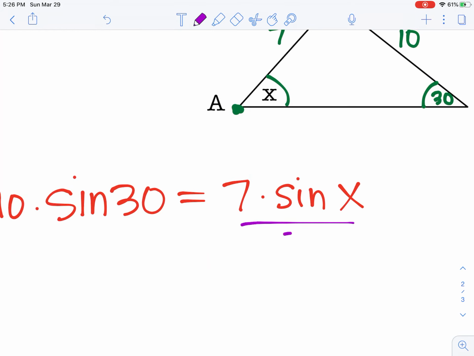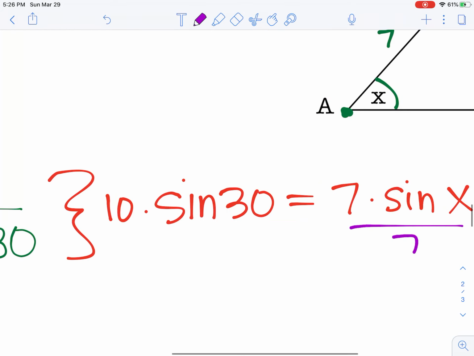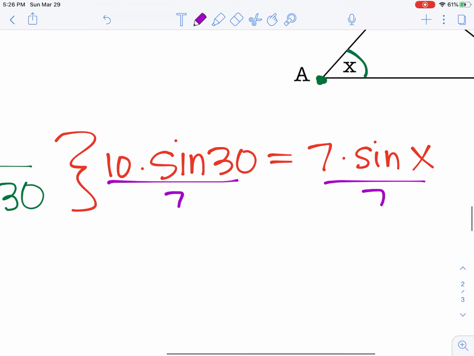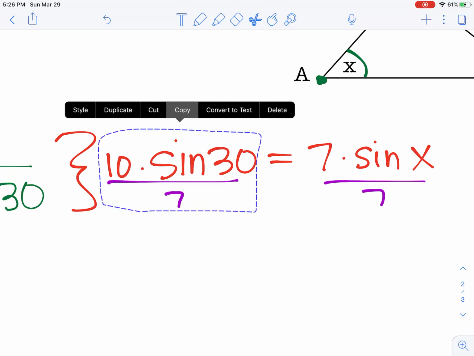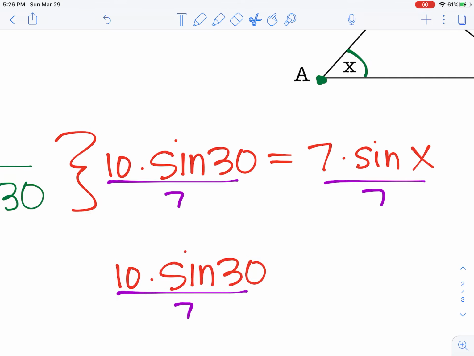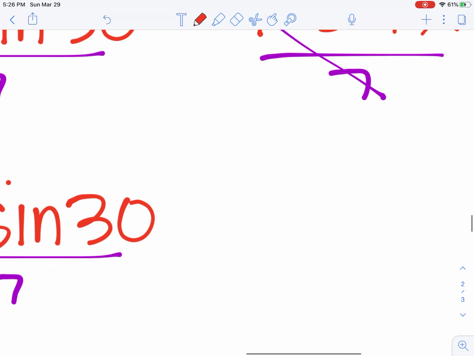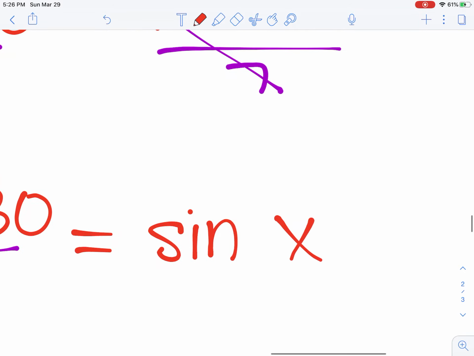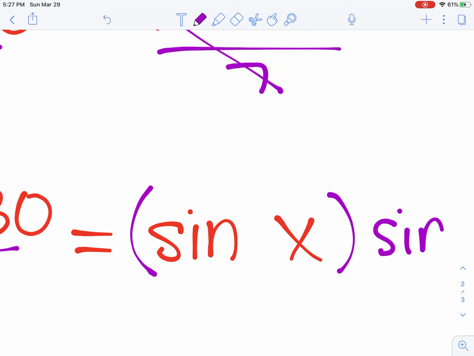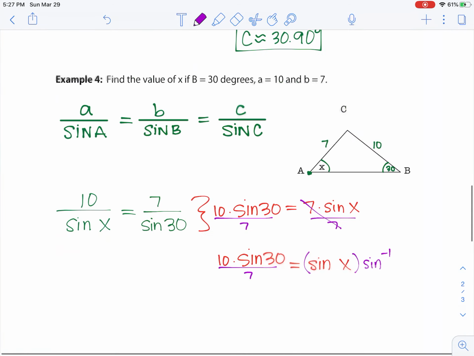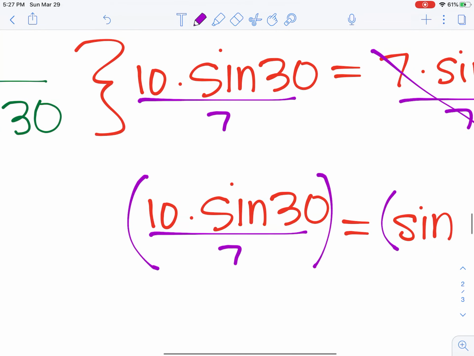Remember, there's a two-step process when this is an angle, so we're going to divide by the 7 first. And then again, to find angles, we're going to use the sine inverse. So we're going to do the sine inverse of each side.